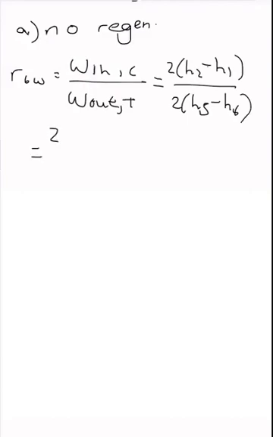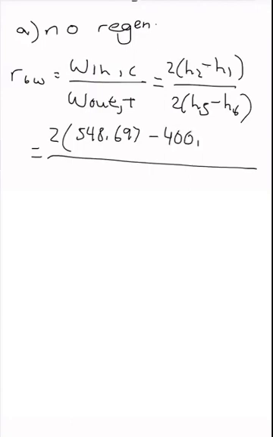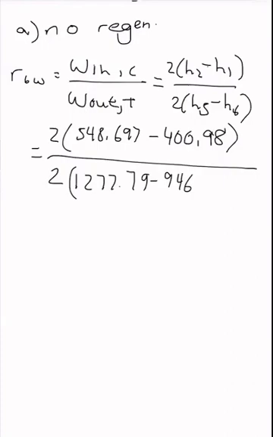So this is 2 times 548.697 minus 400.98 over 2 times 1277.79 minus 946.35. And remember, throughout this video, all the H values are kilojoules per kilogram, but it looks a little neater if you just don't write that.